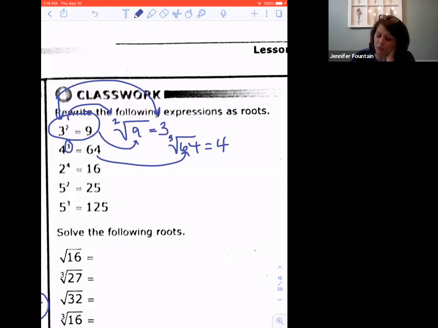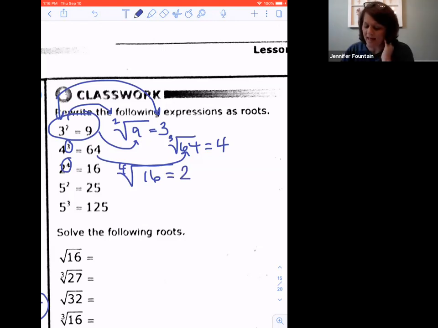So if I was going to express that as a radical, I would have my root sign, 16 goes under here. Now my exponent of 4 is going to go out here as my index. My exponent becomes my index. And so that is equal to 2.